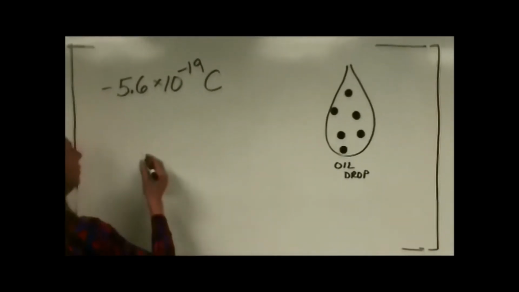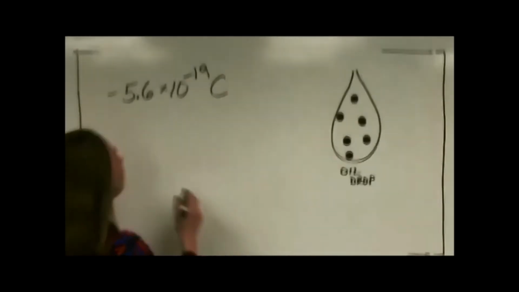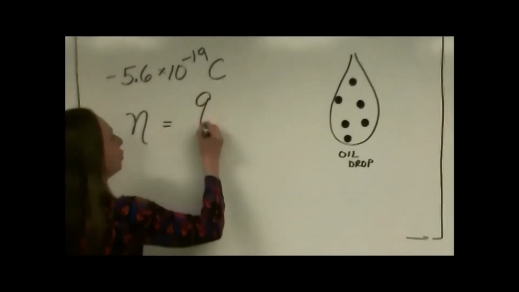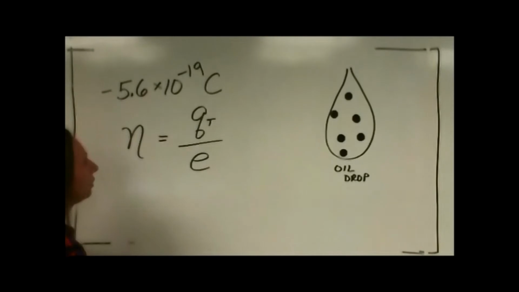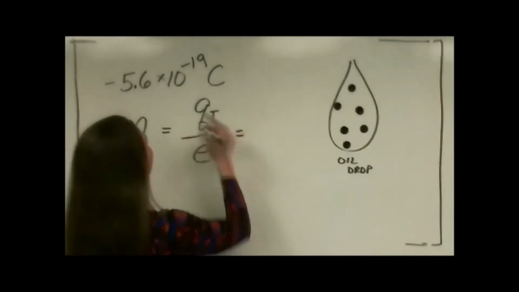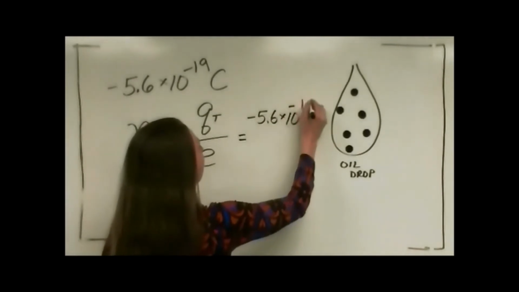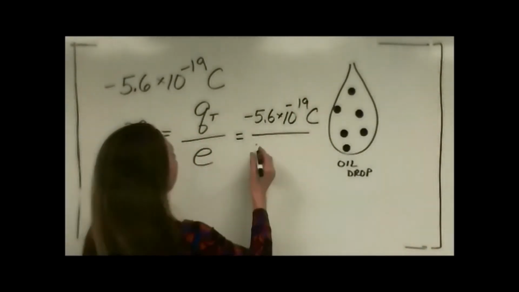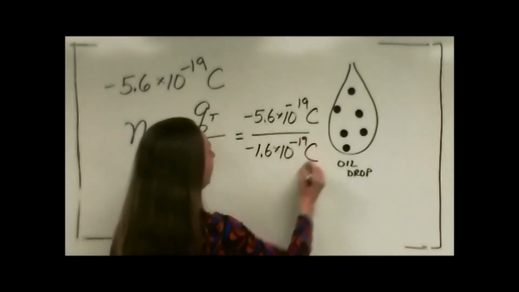Well, let's find out how many electrons that would have to be. Again, the number of electrons is the total charge divided by 1 elementary charge. So the total charge is negative 5.6 times 10 to the negative 19 coulombs divided by negative 1.6 times 10 to the negative 19 coulombs.